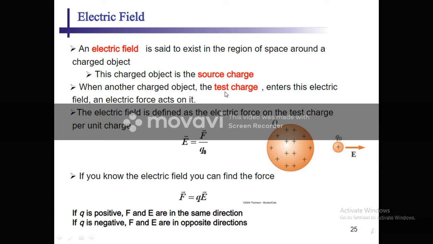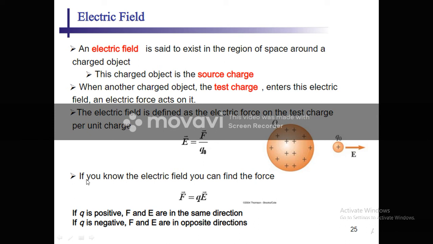So we have to have a test charge in order to test the electric field experienced by that test charge from the source charge. Okay, so the electric field is defined as the electric force on the test charge per unit charge. Force applied on a unit charge.